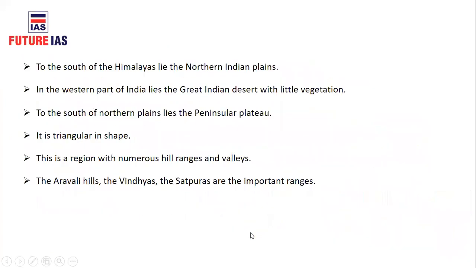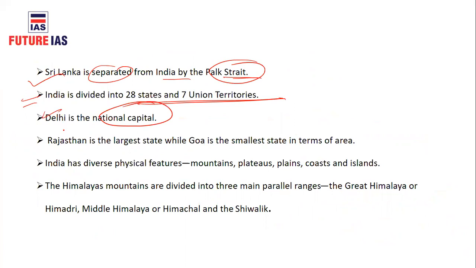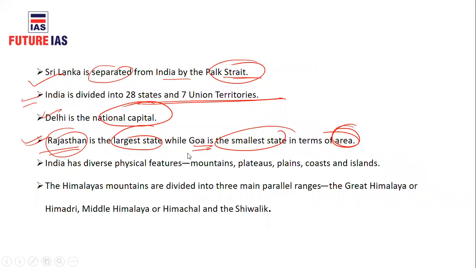All right, let's understand. Sri Lanka is separated from India by the Palk Strait, and India has 28 states as of now. Delhi is the national capital. The largest state in terms of area is Rajasthan, and the smallest state in terms of area is Goa.